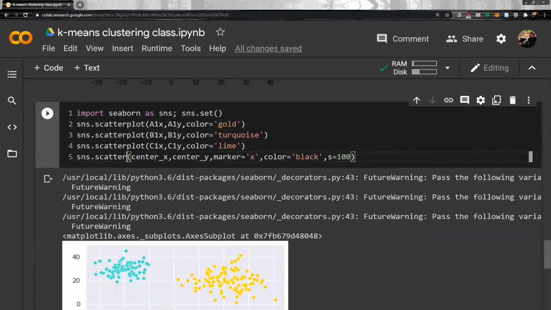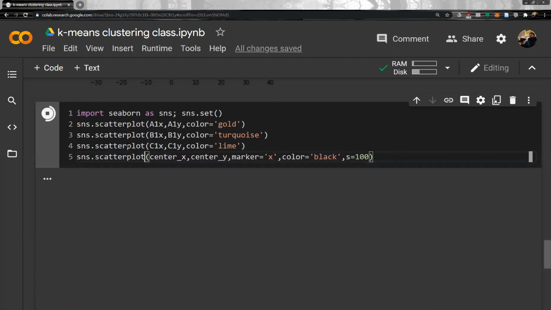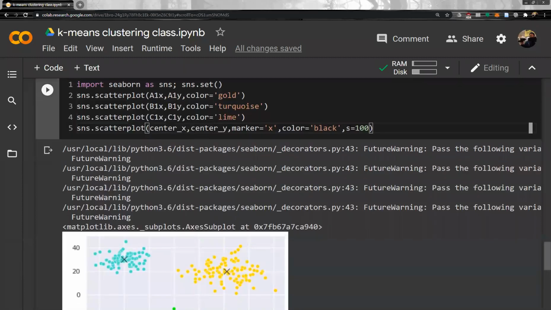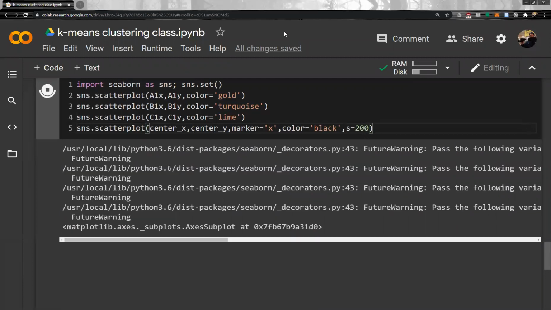Scatter plot. Yes, I think it looks better. And then we learned how to do k-means clustering.